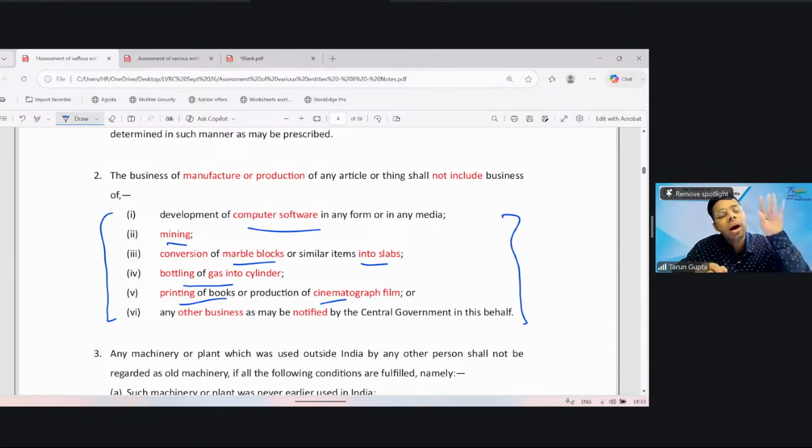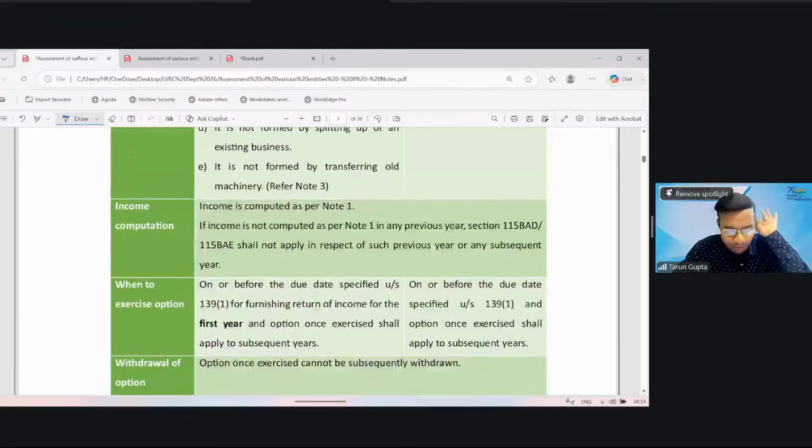These 5 businesses are not considered as business of manufacture or production of an article or thing, and therefore any cooperative society engaged in any of these businesses is not eligible for the concessional tax rate of 15% under Section 115BAE. Clear?